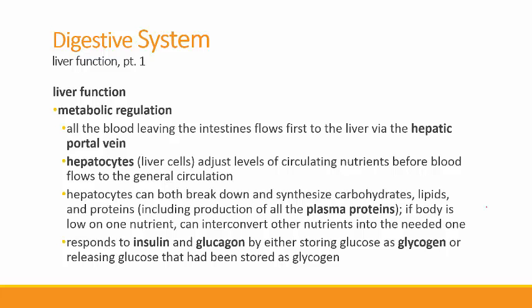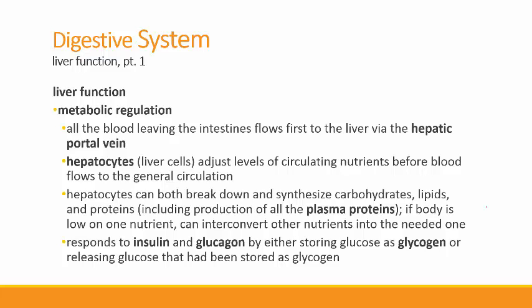The liver is constantly paying attention to the blood that is passing through, and it recognizes when there are deficiencies in specific nutrients, and it can release those nutrients that it has stored in the cells of the liver. So hepatocytes are the liver cells, and their job is to adjust the levels of circulating nutrients before we send the blood out into the general circulation.